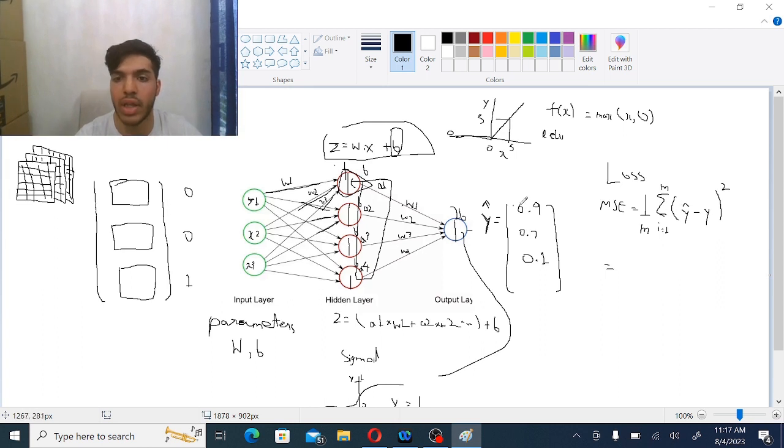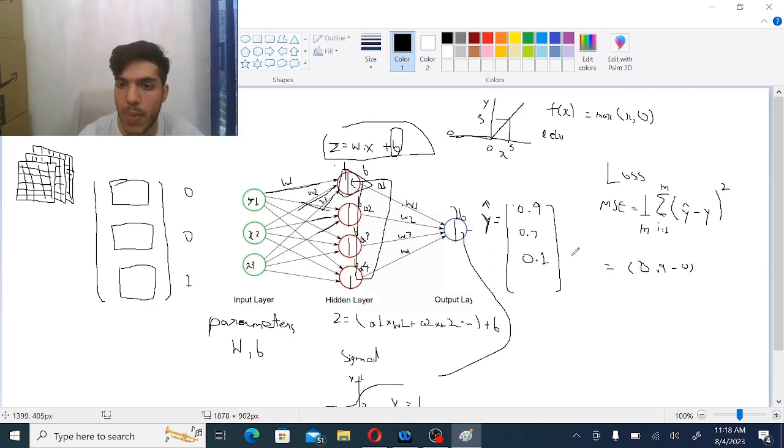So let's actually go ahead and calculate what our loss is going to be for this example right here, which we just did. According to the formula, we need to subtract the predicted value by the actual value. So what's that going to be? For the first sample, we have 0.9 minus the actual value, which is 0 for the first sample.